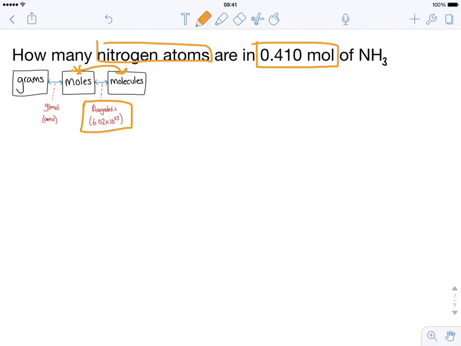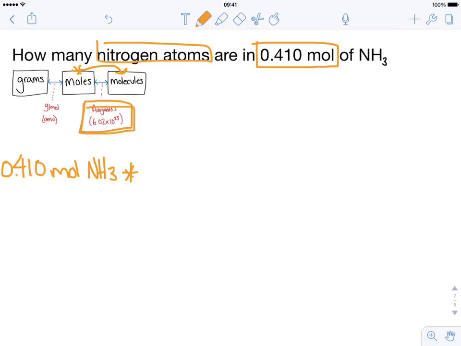So first we need to figure out how many molecules are in the entire substance. So if we're given 0.410 moles of NH3, we first need to determine how many molecules are in NH3. So to do that, we use the Avogadro's number conversion factor.